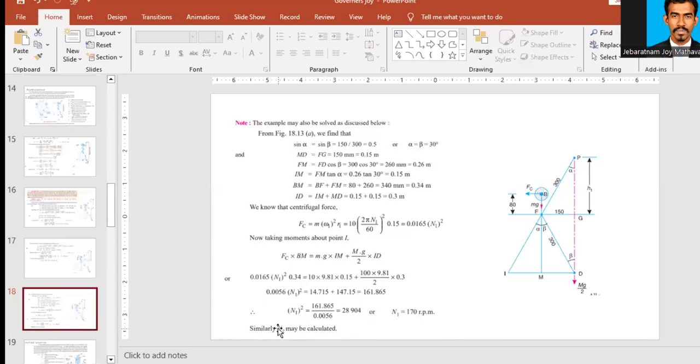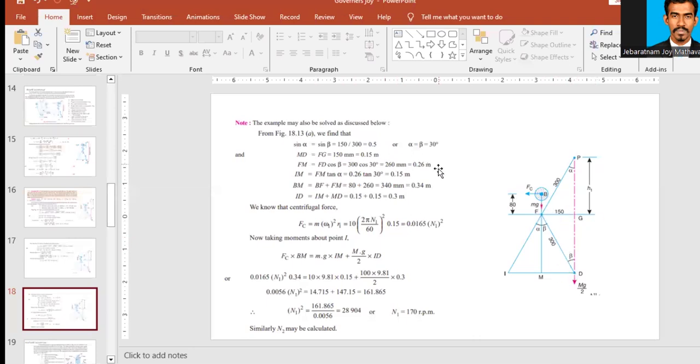In a similar manner, we can find the N2 also. We make this 200 millimeter, and therefore we can find this alpha. Sine alpha is opposite over hypotenuse, so 200 upon 300. Similarly, we can find the beta also, 200 upon 300.